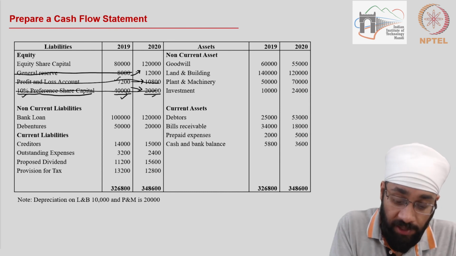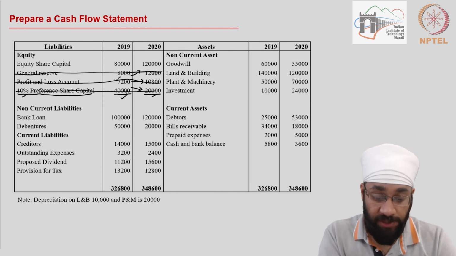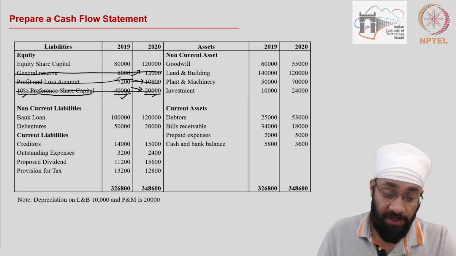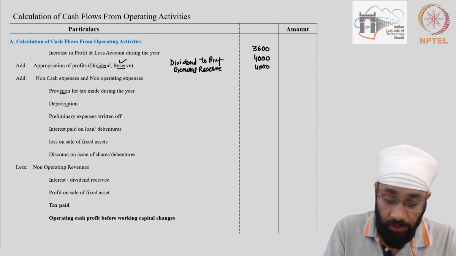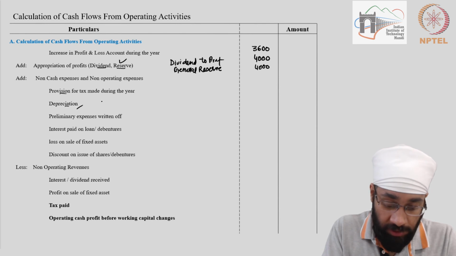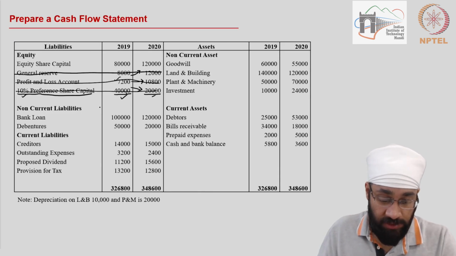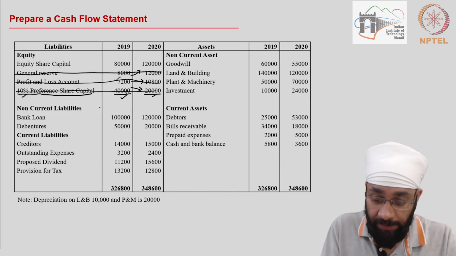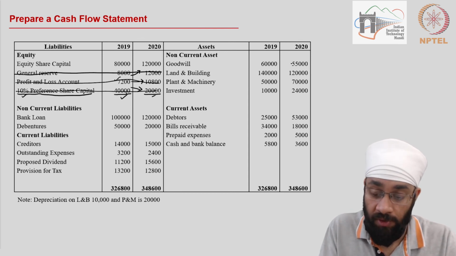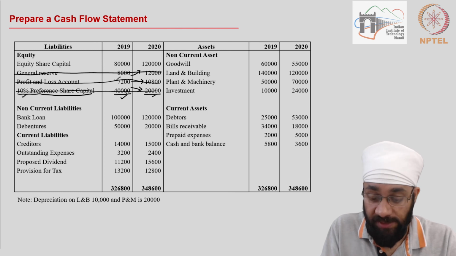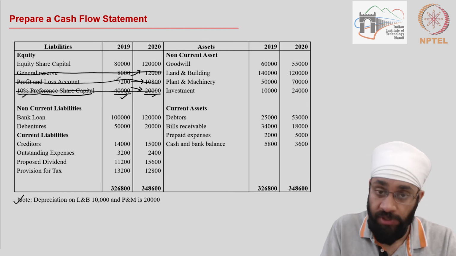So general reserve, I am crossing it off because I've transferred this to the relevant place where it needed to be. Then we are looking for any non-cash transactions, which is depreciation. And for depreciation, we go to the asset side of the balance sheet to look for the fixed assets. And there is also a note which is given to us.